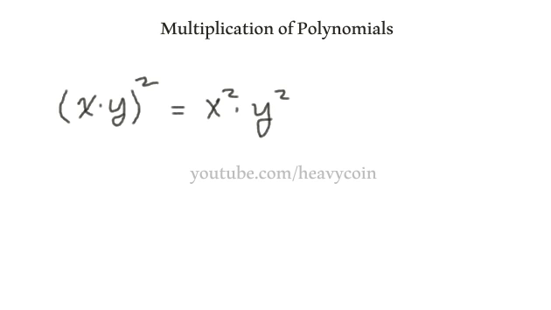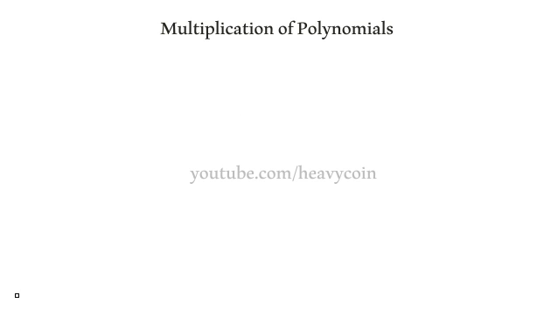So you see, because they both have the same exponent, we could actually group them together and then raise both of them to the 2nd power. So let's look at another one. If I said x times z, use something different, raised to the 8th power, this can be rewritten as x to the 8th times z to the 8th.